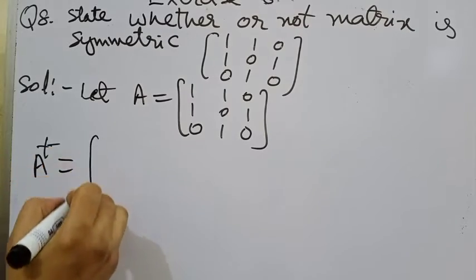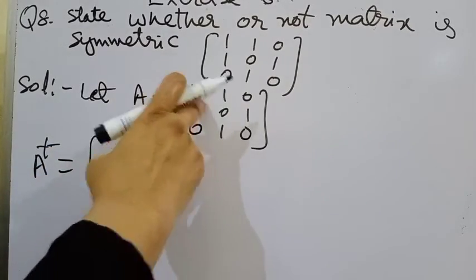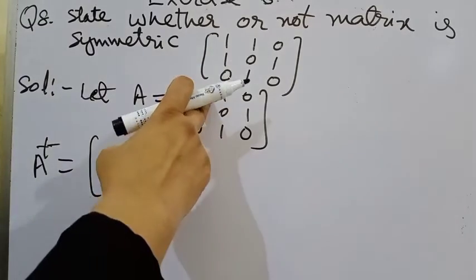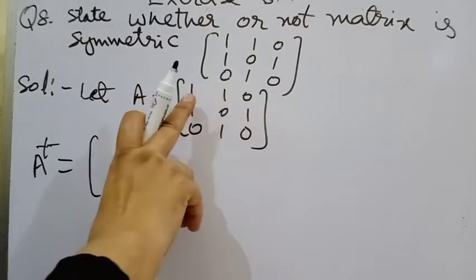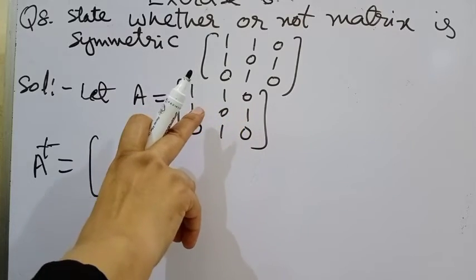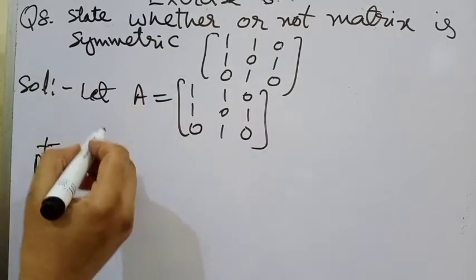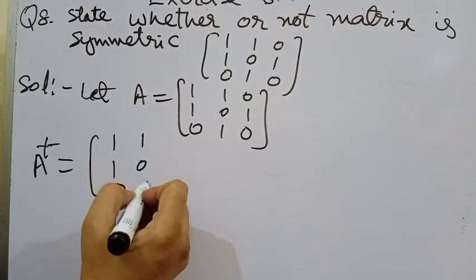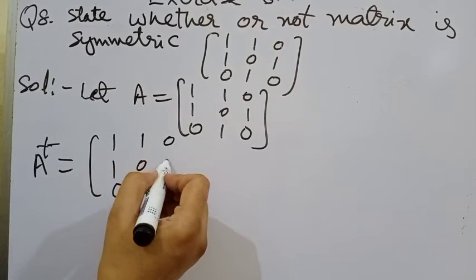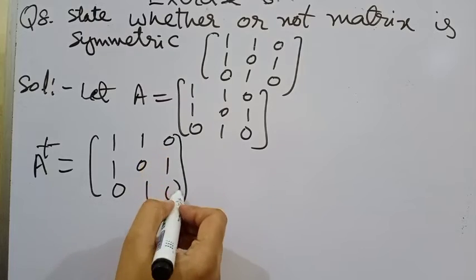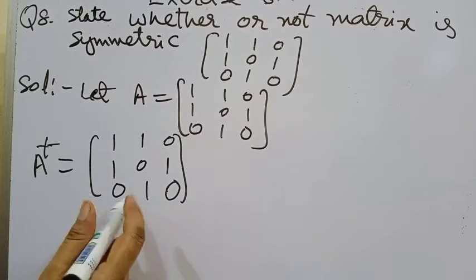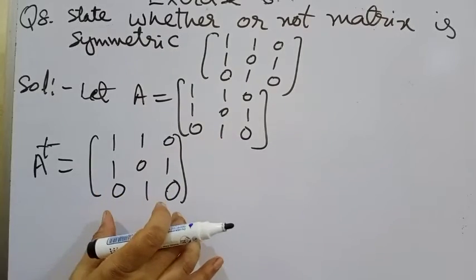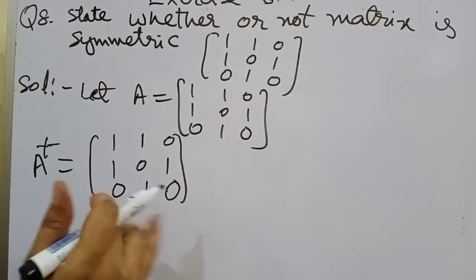This is equal to, for transpose we convert all rows into columns. First row has elements 1 1 0, we convert into column 1 1 0. Next we have 1 0 1, next 0 1 0, and we observe that the original matrix and the transpose matrix are the same.